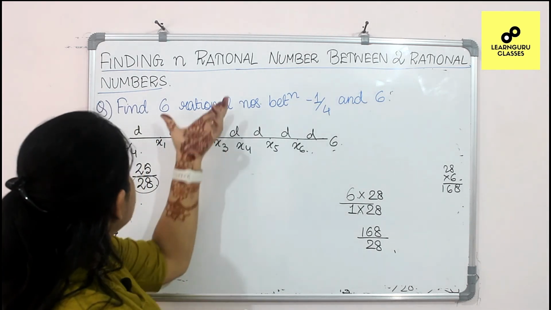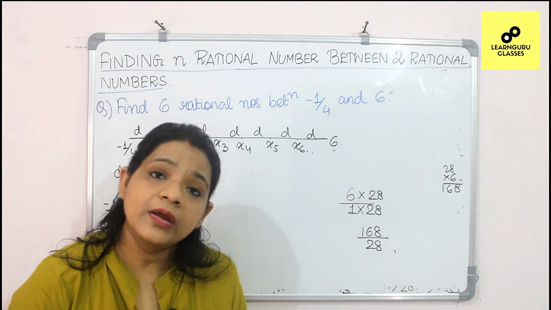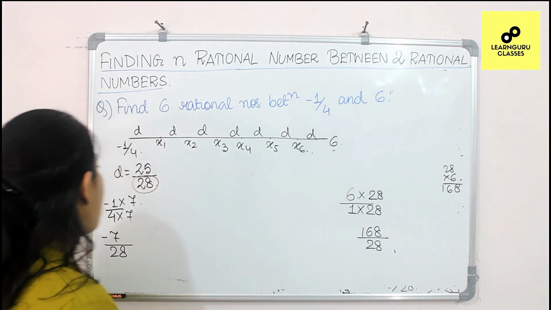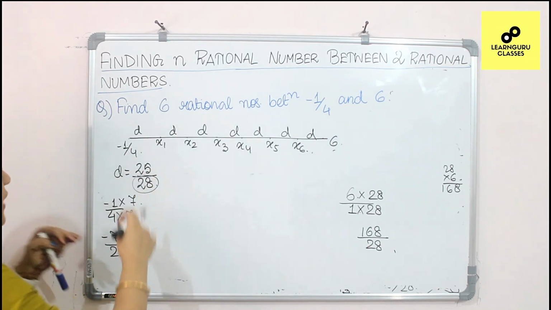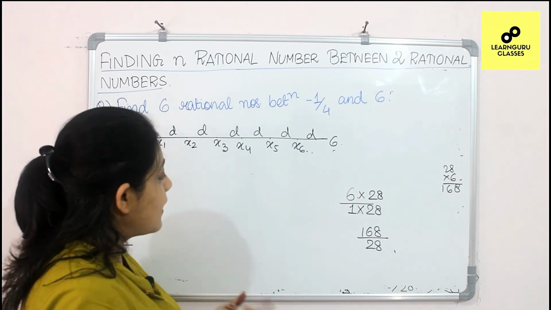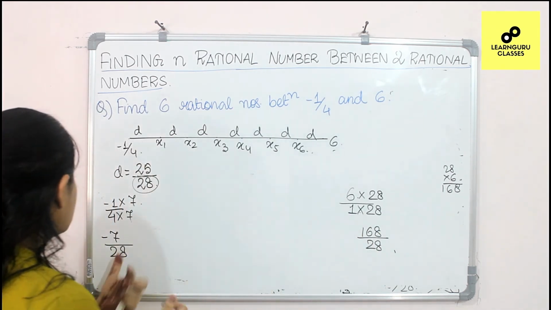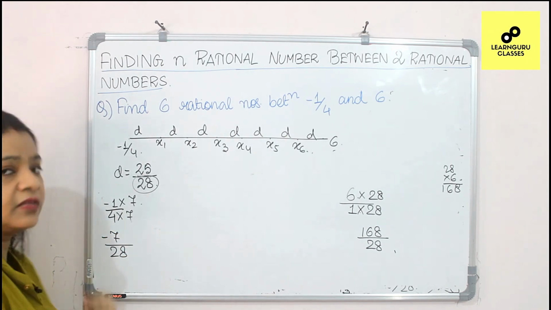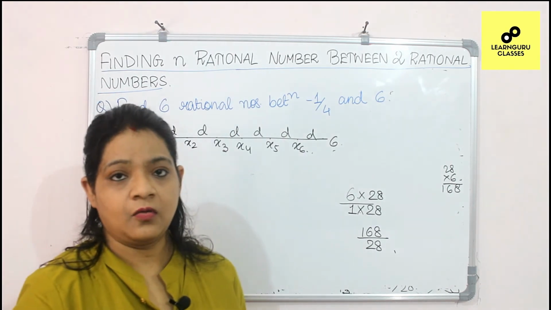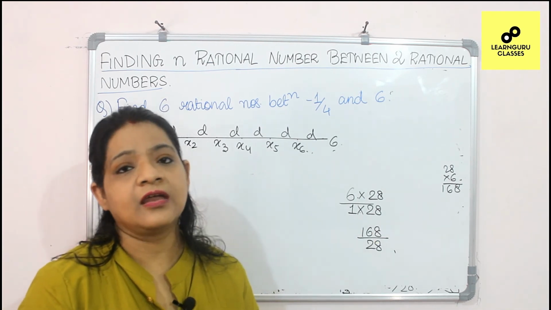So in between that you have to get 6 rational numbers. Now how will you proceed with this? You have to advance 25 steps further and reach this. So we will add plus 25, just like you have done in the second method.